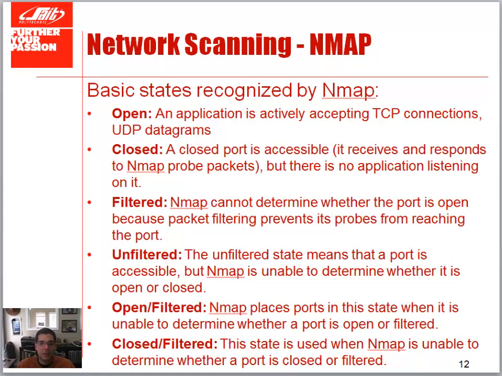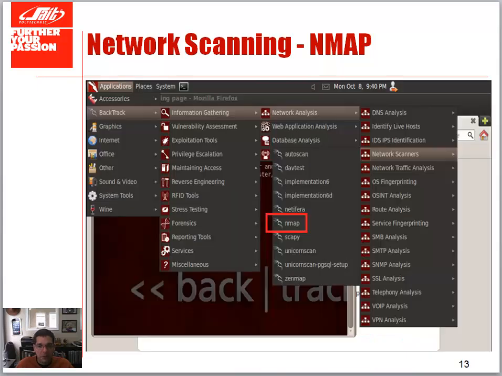Nmap sends a packet to the destination host, and once the response is sent back to the Nmap attacker, you see if the port is open, closed, or filtered by a firewall or packet filtering or anything around that.